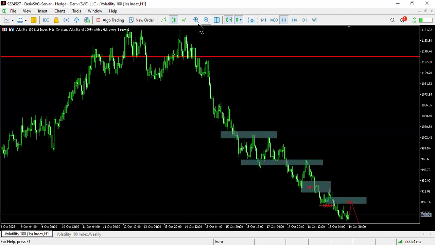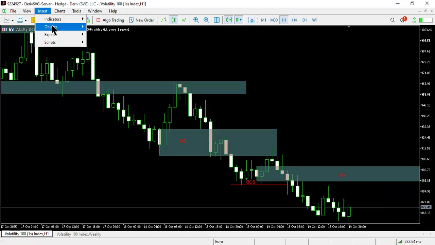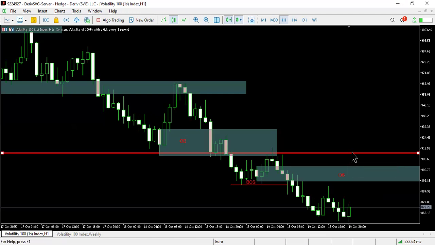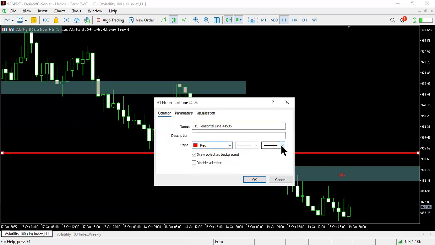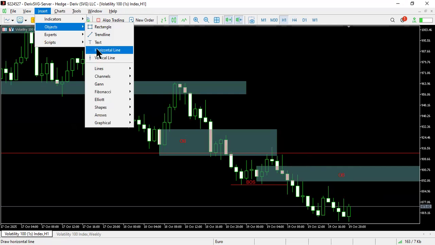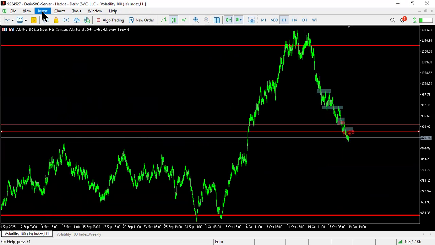Okay, so let us go ahead and place our pending order on VIX 100 with the stop loss slightly above the order block, and then our entry price is there, and then we are going to be targeting this level, this support.